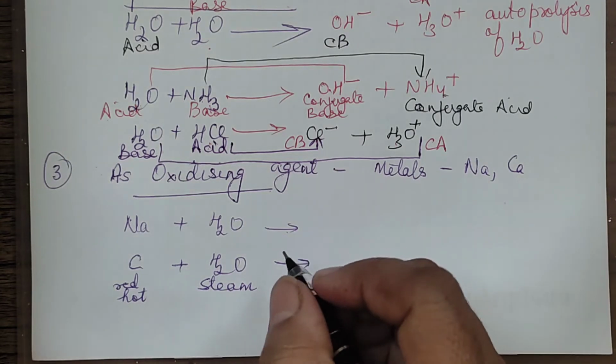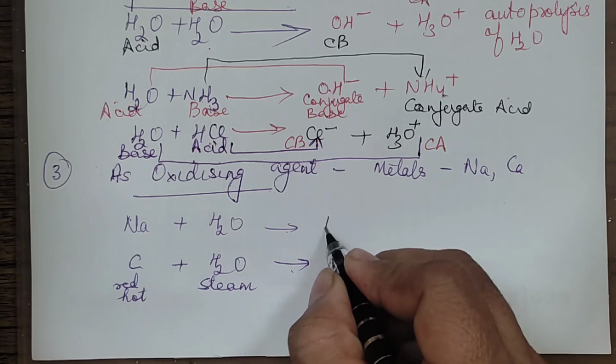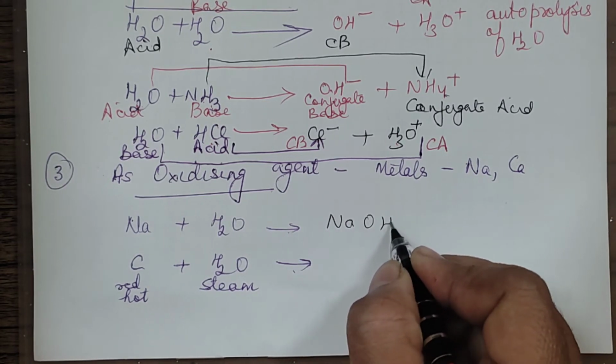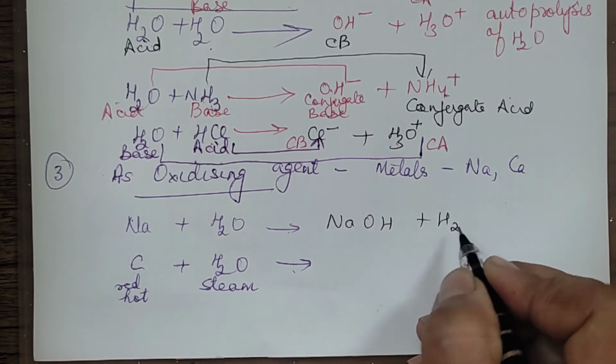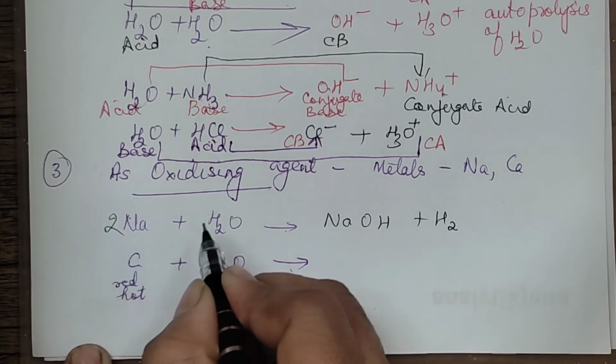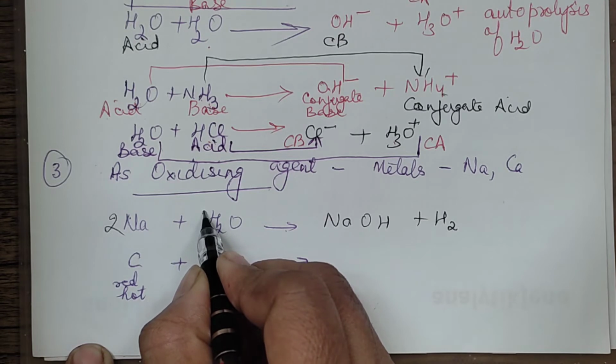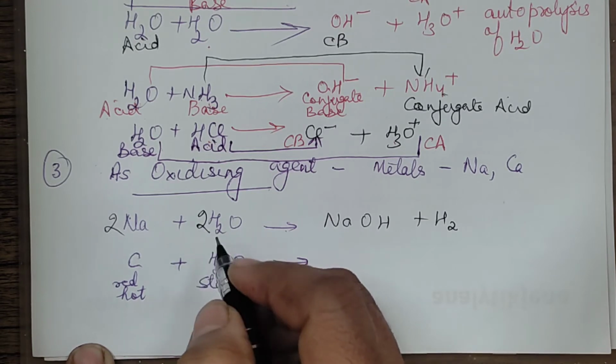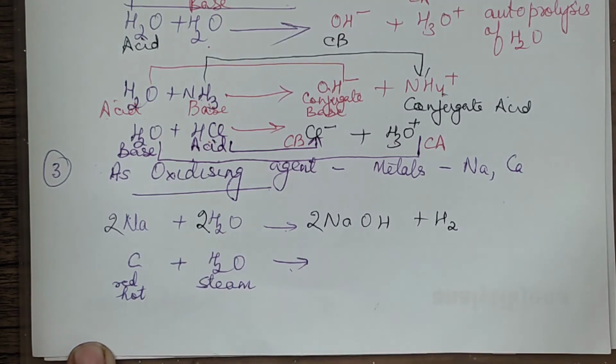So what is happening here? Sodium plus water will form NaOH plus hydrogen. We can balance it by putting 2 here, 2 here, 2 this side and 2 here. Now it is balanced.